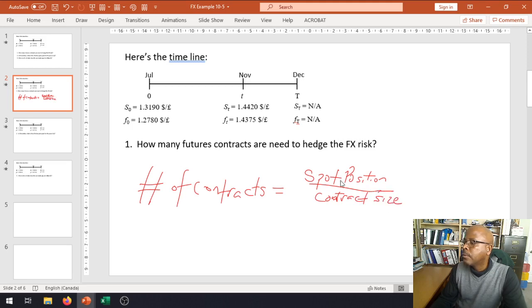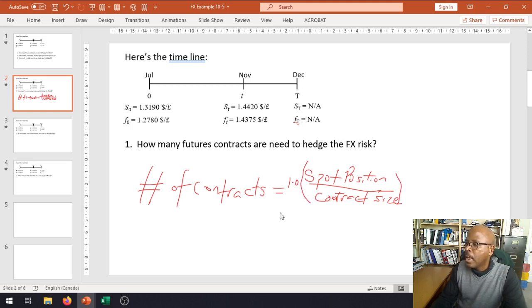And of course, all of this should be multiplied by the correlation between the two. But because this is not a cross hedge, the correlation is actually just 1.0. So really it's 1.0 times all of this.